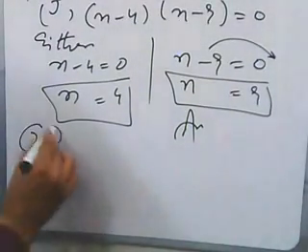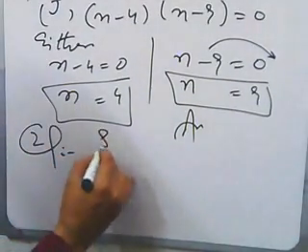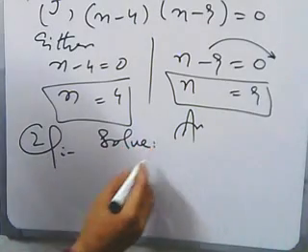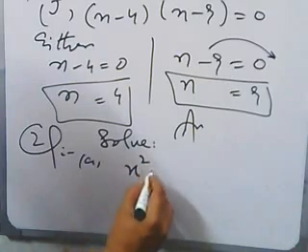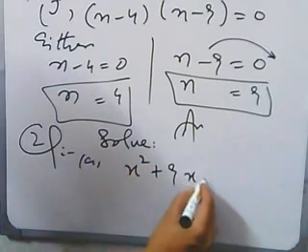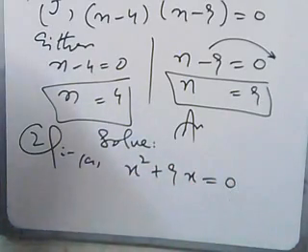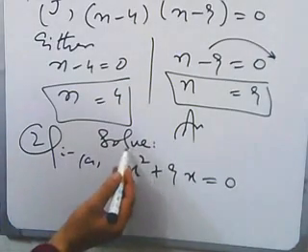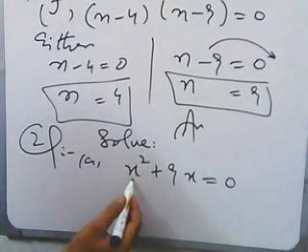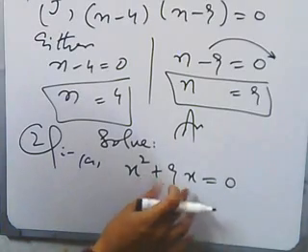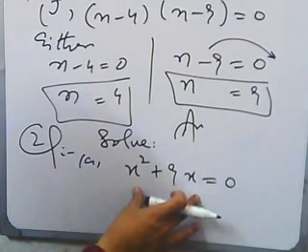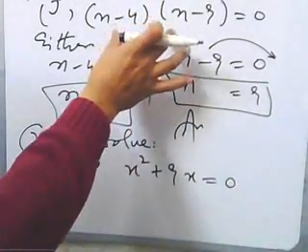Similarly, question number 2, solve. Again you have been asked, solve the following. Question number A part, x square plus 9x is equal to 0. We have discussed earlier, whenever you have been asked to solve the question, it means we have to find the value of x. So how can we find? We are considering in our mind how we solved the first question.